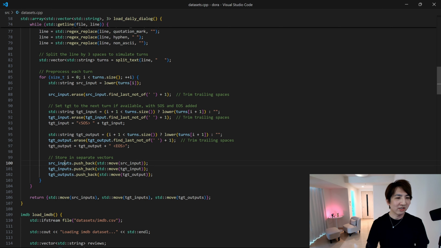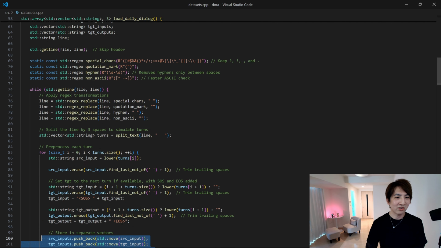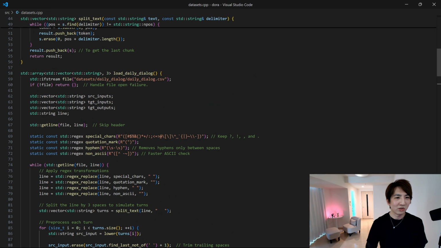So this is an input to the encoder, this is input to the decoder, and this is Y or label for the decoder. So I return these three tensors, datasets, from this function, load data dialog.